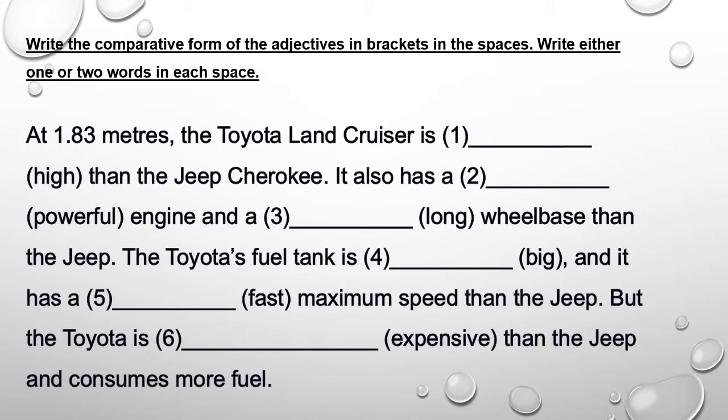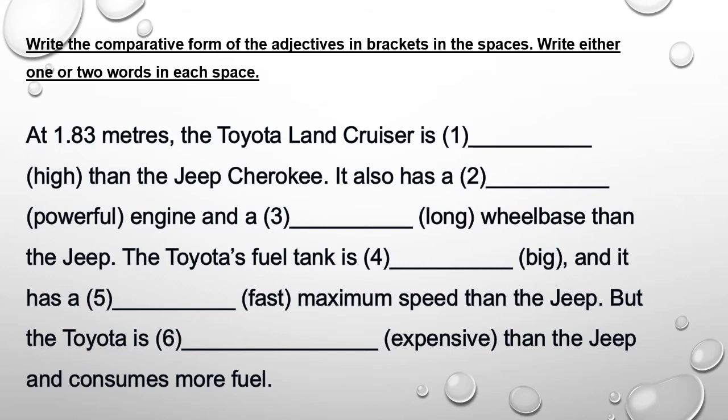Now, in this exercise, I want you to write the comparative form of the adjectives in brackets in the spaces. Write either 1 or 2 words in each space. Please, I give you 5 minutes to answer this exercise.